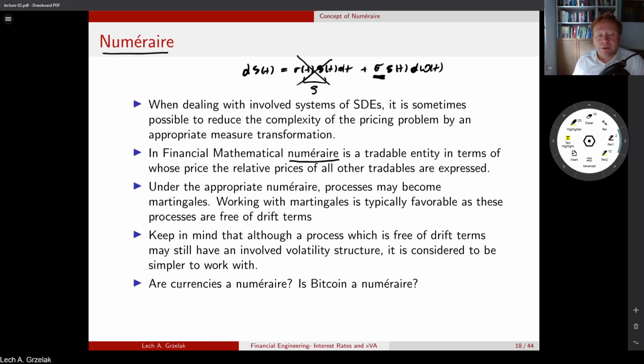Possible numeraires, this is also an interesting question. You can think of assets that you can buy or sell. You can have money savings accounts, bonds, stocks, and many other assets. And often the question is: is Bitcoin a numeraire? The answer depends on how we define Bitcoin.